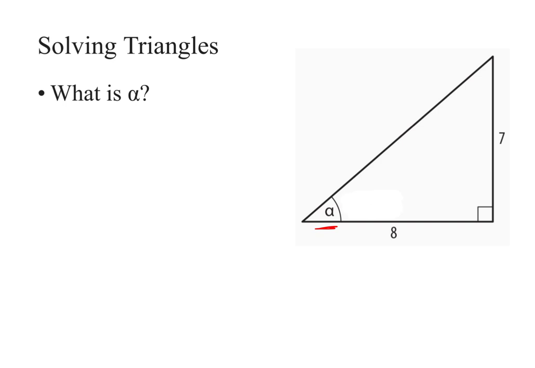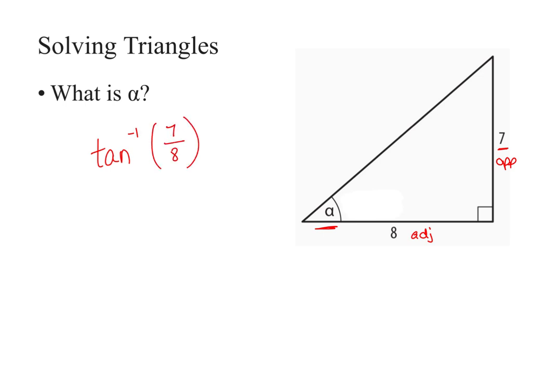What two sides do I have based on the fact that I'm looking at the alpha angle? What is 7? Opposite. What is 8? Adjacent. Which trig function deals with opposite and adjacent? Tangent. I don't have the angle, I have the ratio, so I'm going to use the inverse tangent of 7 opposite over adjacent.